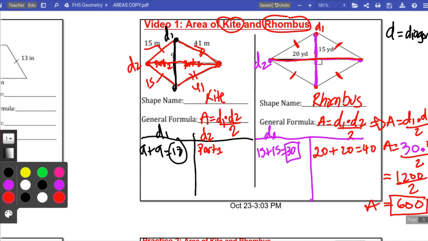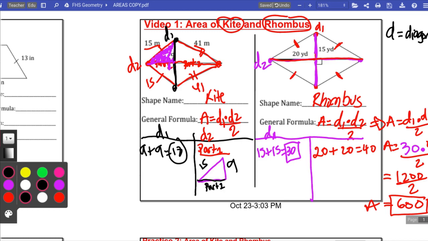To find part 1, I'm going to use this triangle, this little triangle that you see here, to help me find part 1. How do I find that? I'm going to redraw that triangle and put the numbers that came with that triangle. 9 was here, 15 was here. I'm trying to find part 1 of D2 right here.